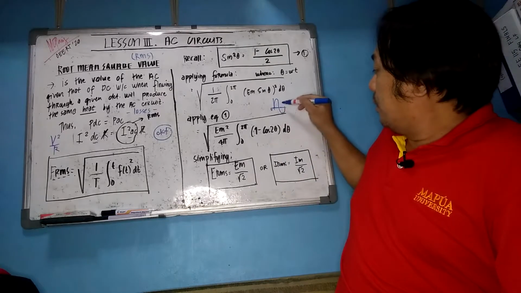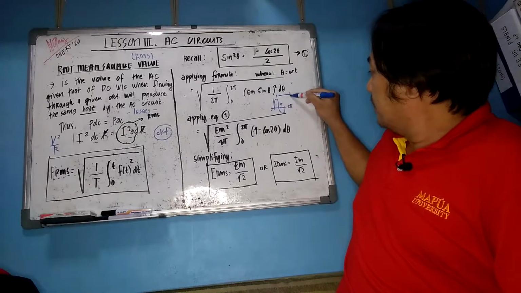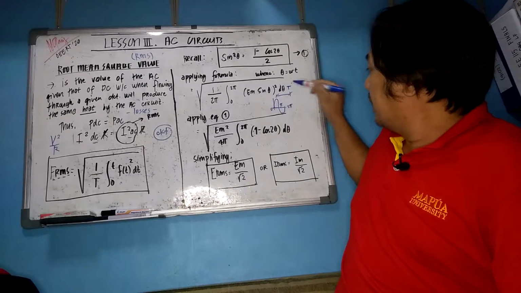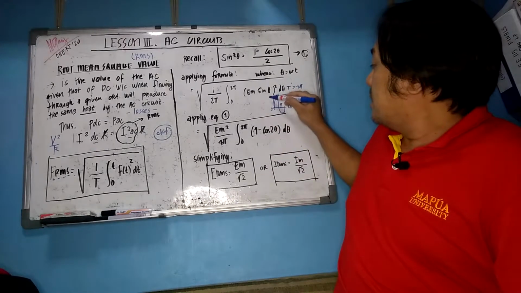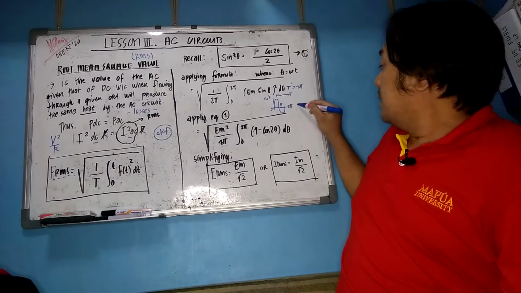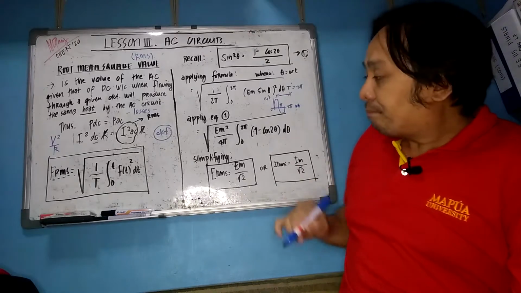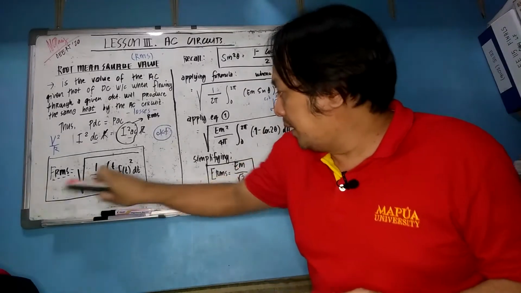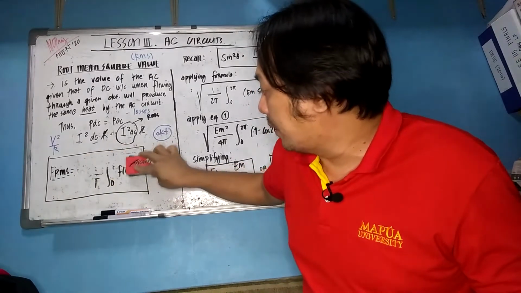From 0, this is pi, then 2 pi, you have a full period T here, which is equal to 2 pi, for example. This is in terms of instantaneous current and voltage, and this is the argument, which I could say is omega t. The shortcut here is simply on the acronym of the root mean square.